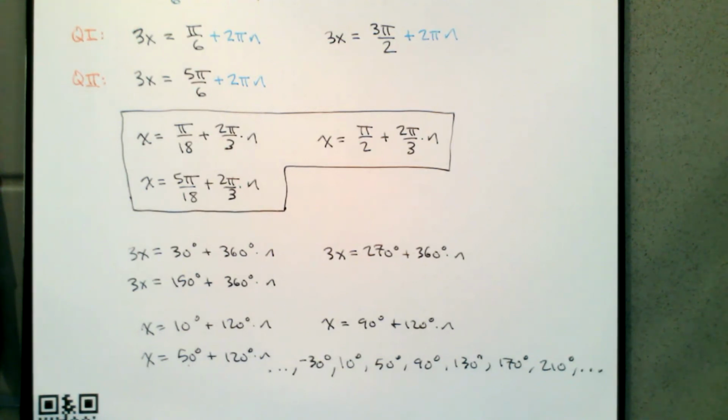It happens when 3x is pi over 6 in quadrants 1 and quadrants 2, and when 3x is equal to 3 pi over 2 in between quadrants 3 and 4. Any questions? Cool.